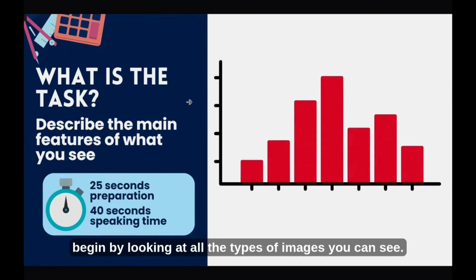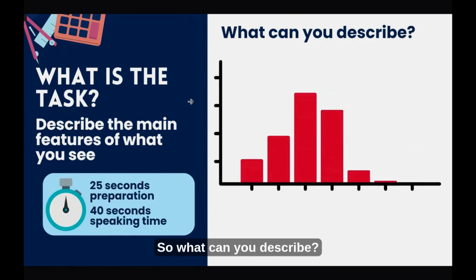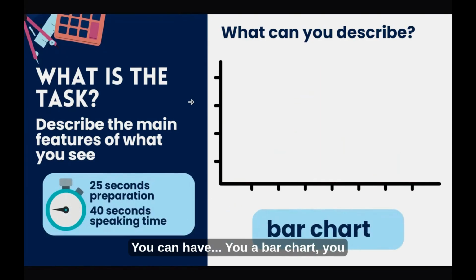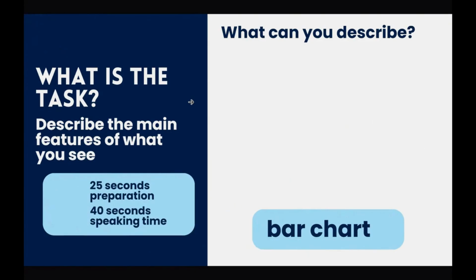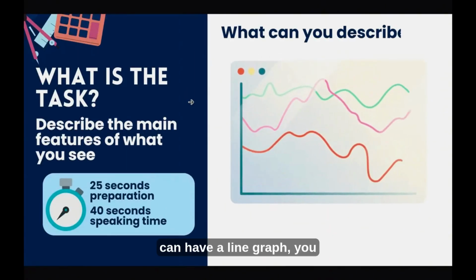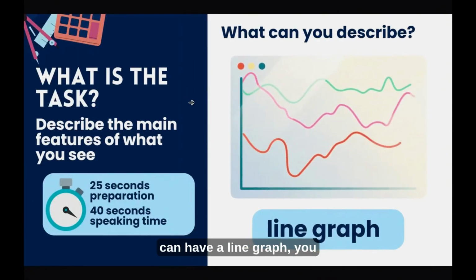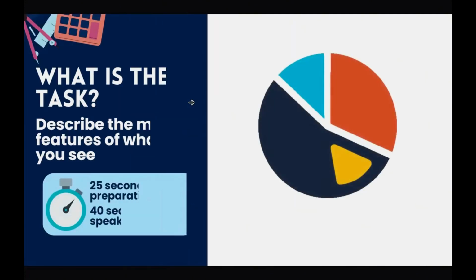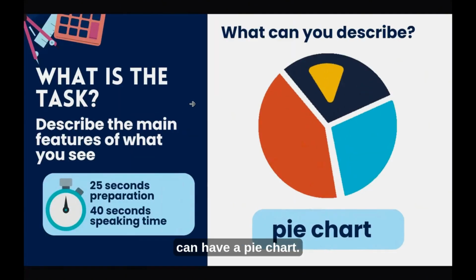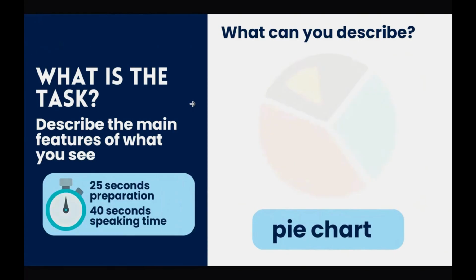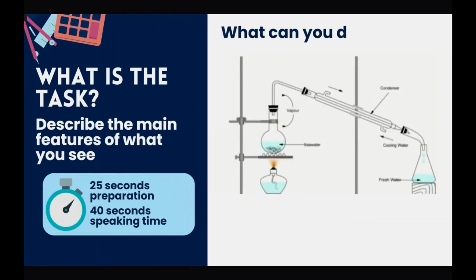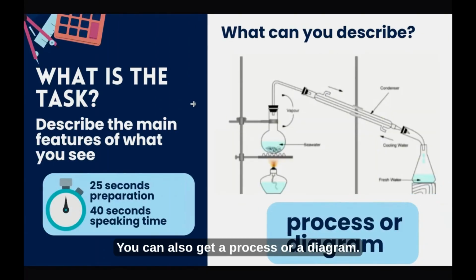Let's begin by looking at all the types of images you can see. So what can you describe? You can have a bar chart, you can have a line graph, you can have a pie chart, you can also get a process or a diagram.